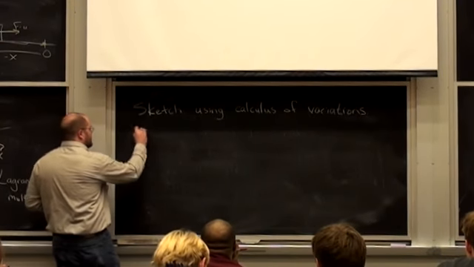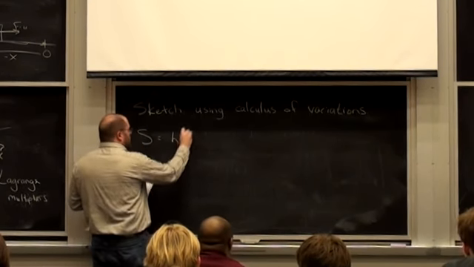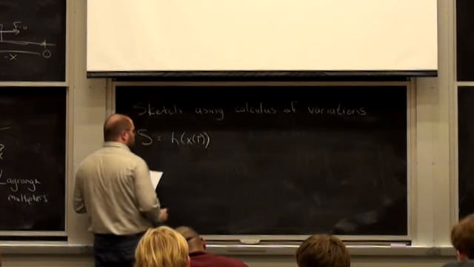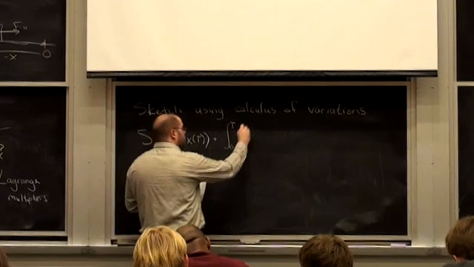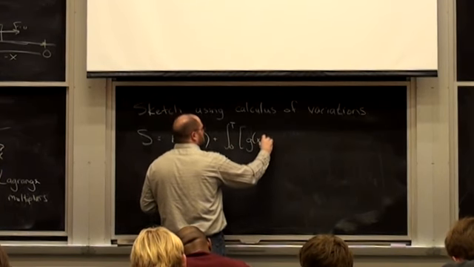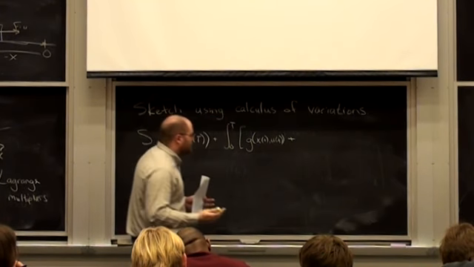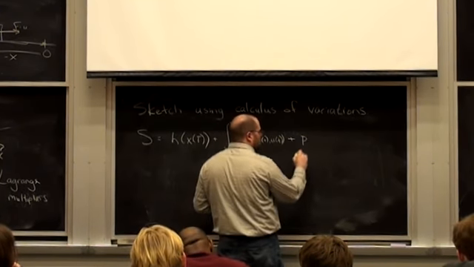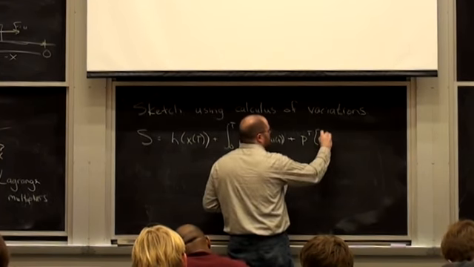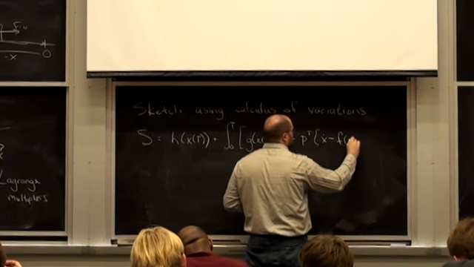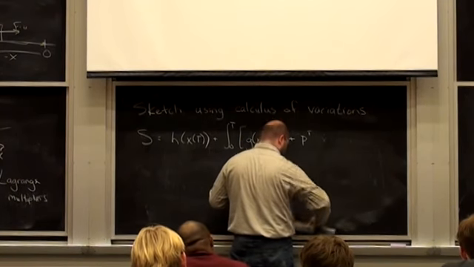Let's call it S. Some function S is going to be h of x(T) plus the integral from 0 to T of g of x(t), u(t) plus some Lagrange multipliers, p in this case, times my constraint, which is x dot minus f of x, u. I was trying to use t's everywhere, so let me keep using t's everywhere.